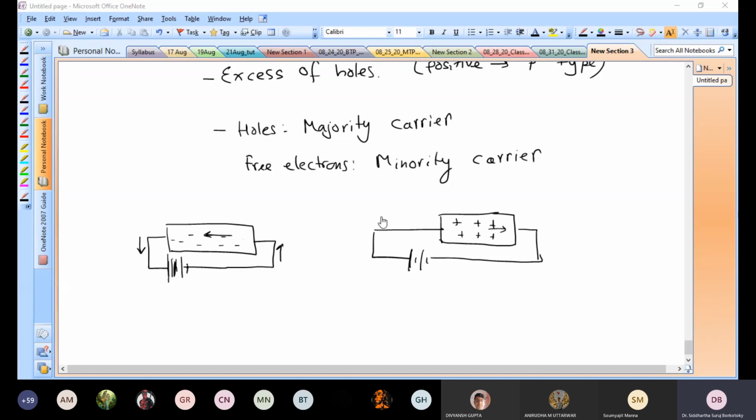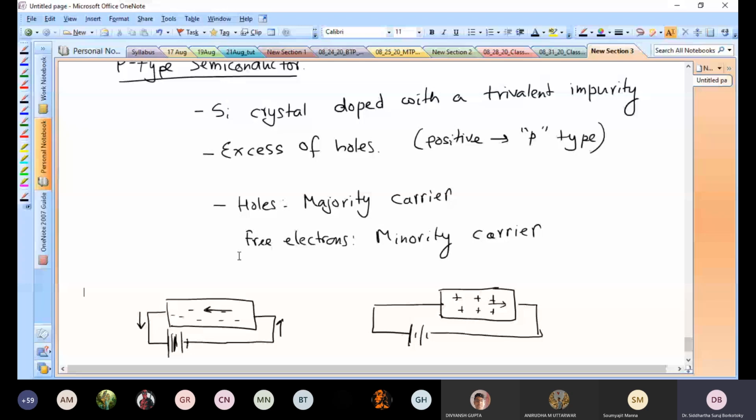Okay, so let me go back to this then. As I said, you have these n-type and p-type semiconductors. One of them has an excess of electrons, the other one has an excess of holes. Either way, if you connect a voltage source across that semiconductor device, there will be charges flowing.